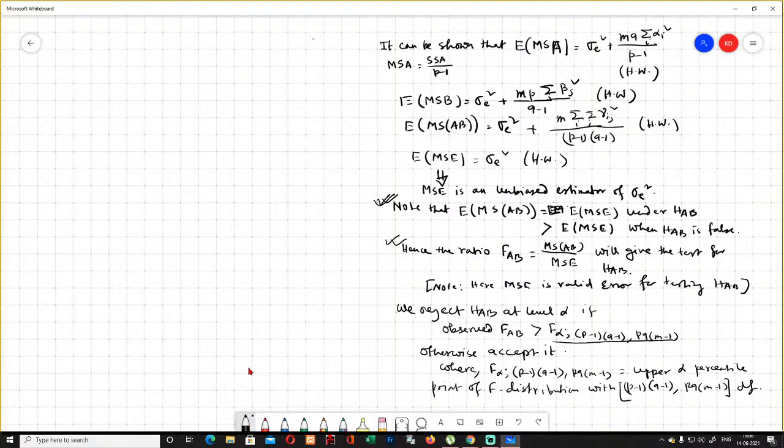That means if HAB, all gamma ij equal to 0, is accepted, that means there is no significant interaction effect present.